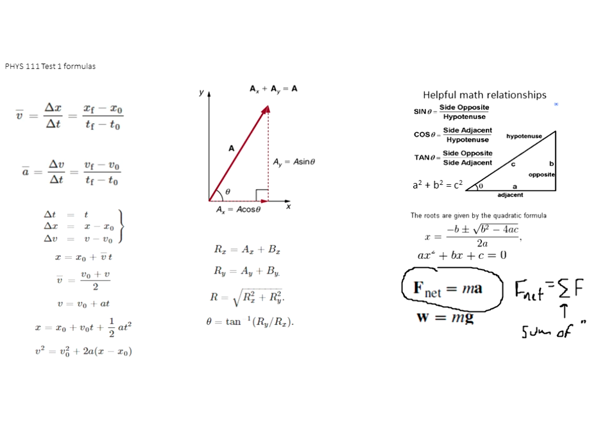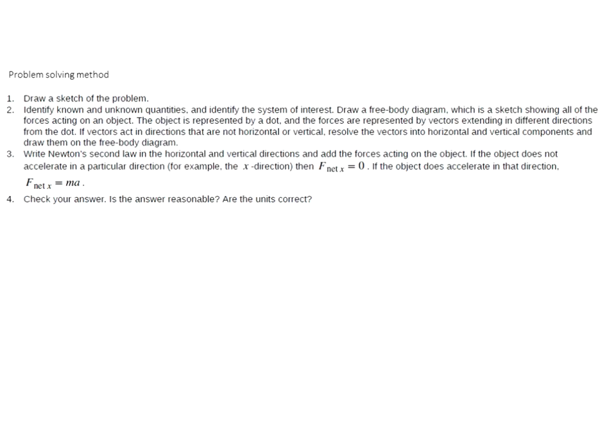So that means sum of, or the net force. You might also see the word net in front of force. They all mean the same thing. And we'll refer back to that.